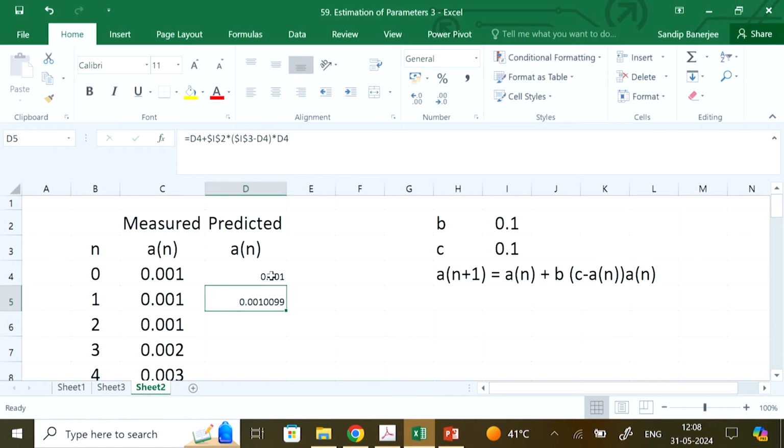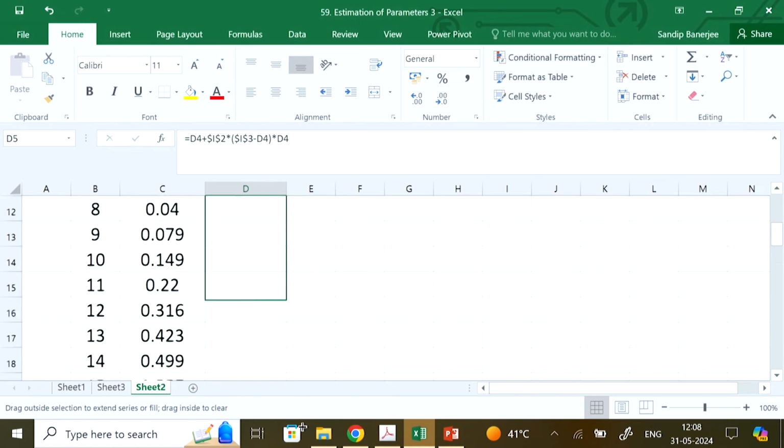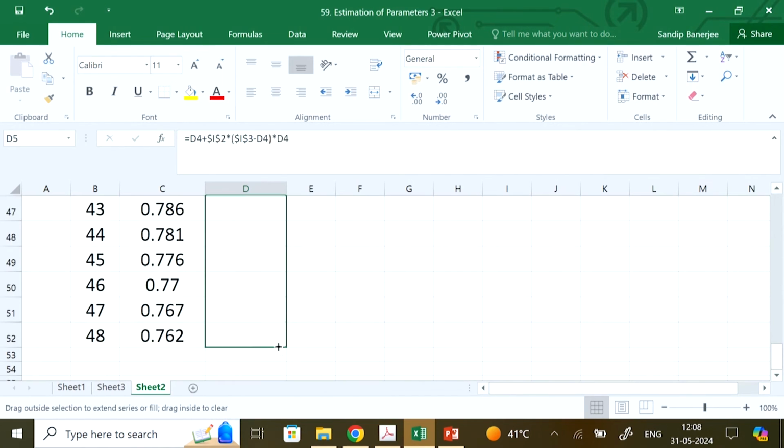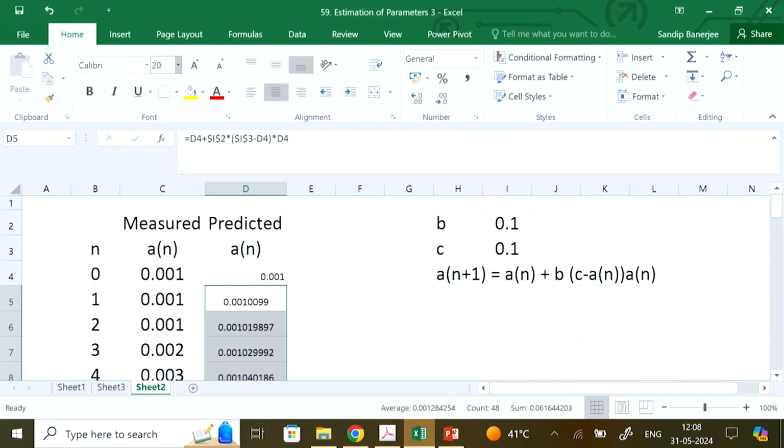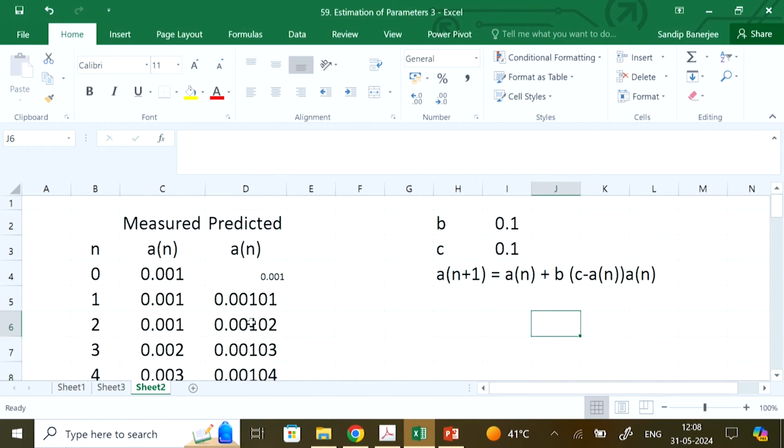So I drag them, make them 20. So let us now plot this.